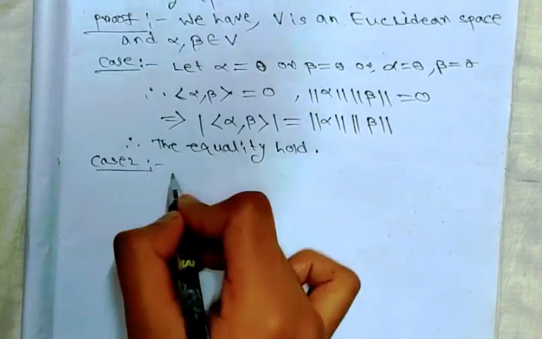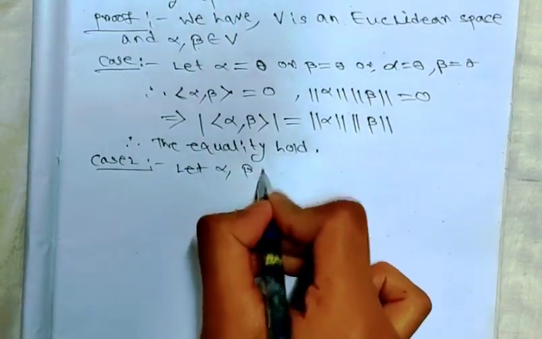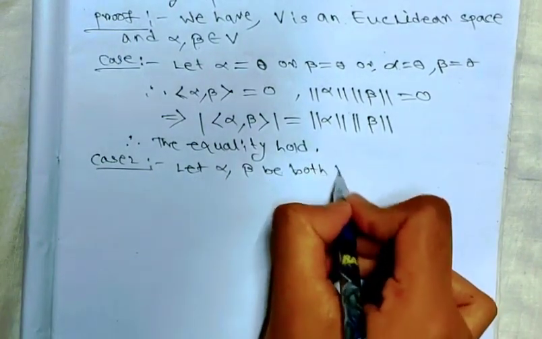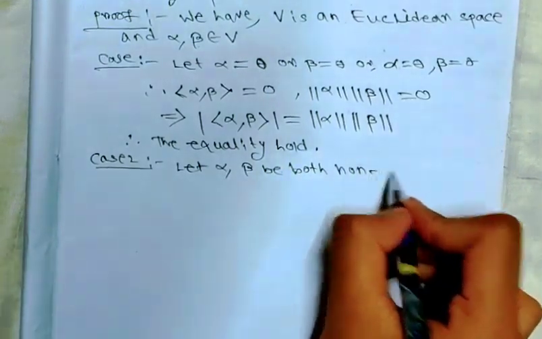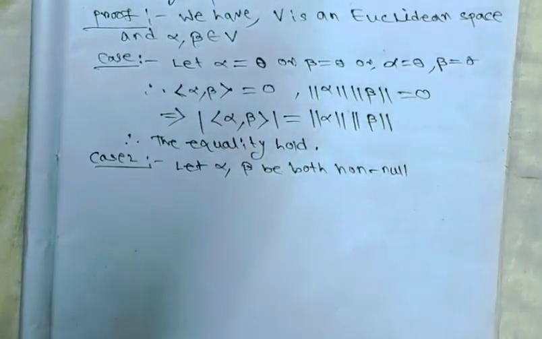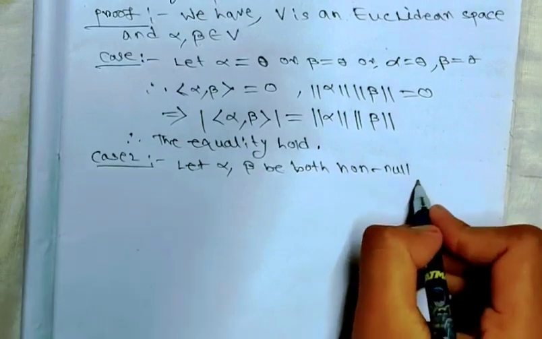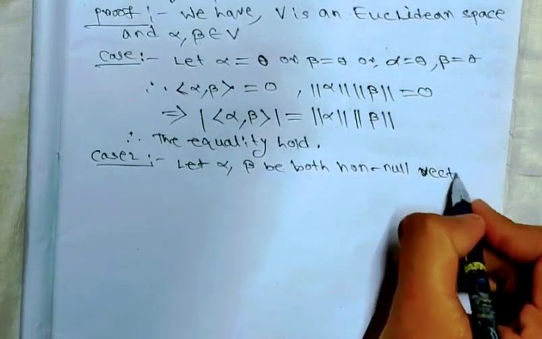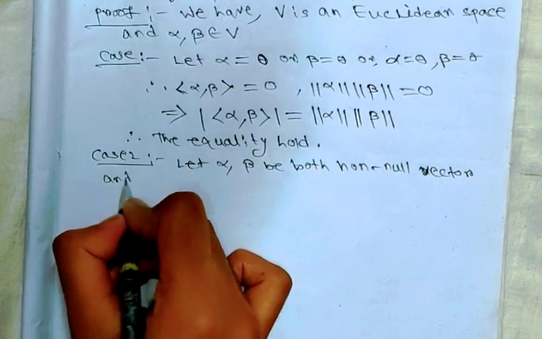Now the second case: let alpha, beta be both non-null vectors and linearly dependent.